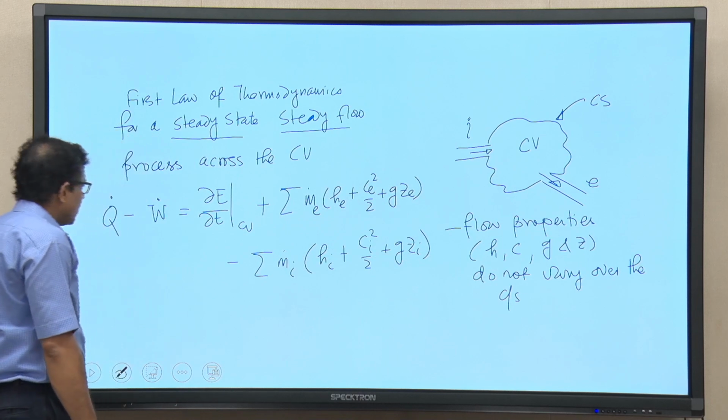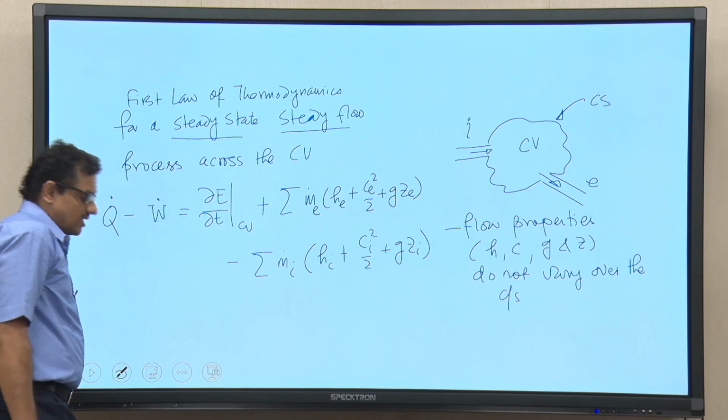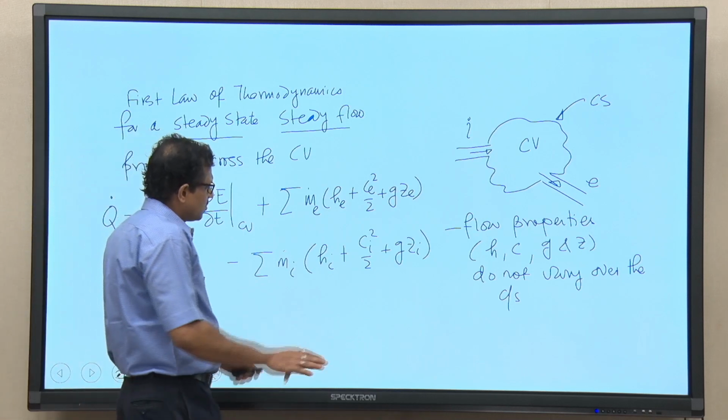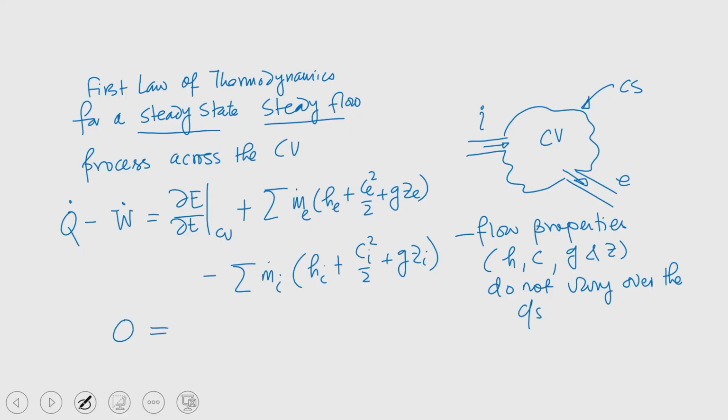Okay. So, now together with that we also can write the mass balance equation. If we write the mass balance equation, as you have seen in the last class, it is dm_CV by dt plus m dot E minus m dot I. So, this is mass balance and this is the equation which is essentially for the energy balance.